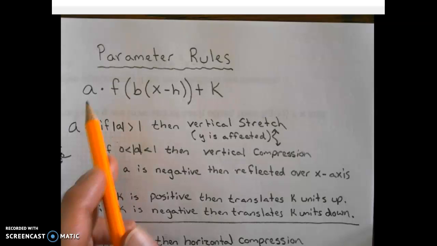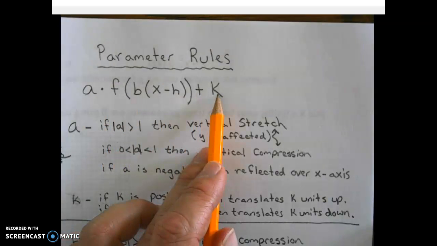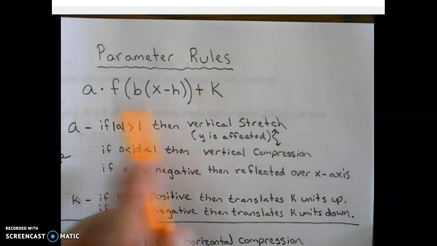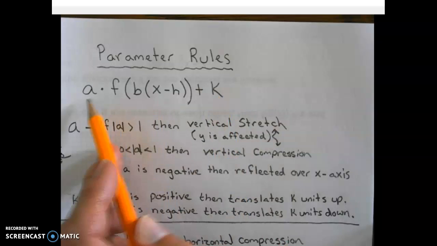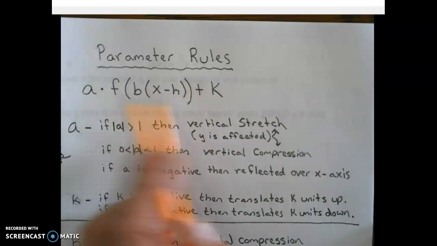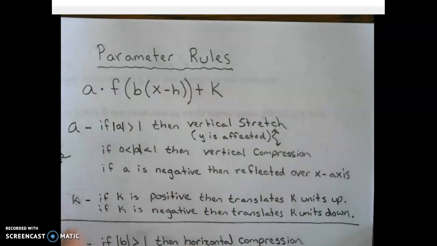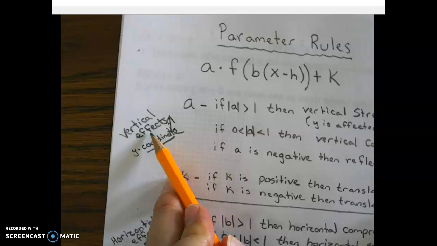Now let's take a look at the number, the parameter at the other side. Notice that these two parameters, one begins it, one ends it, and they're outside of the grouping symbol. Okay? And these outside parameters are going to have a vertical effect on our graph.